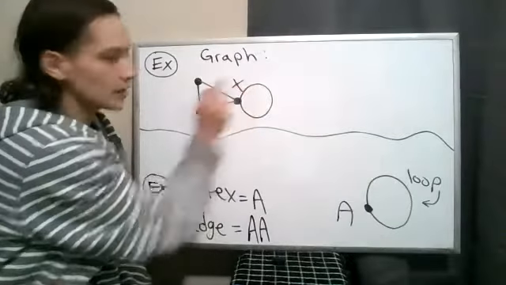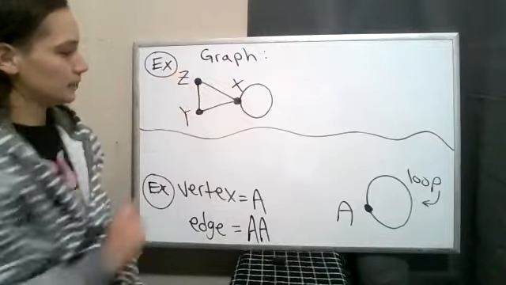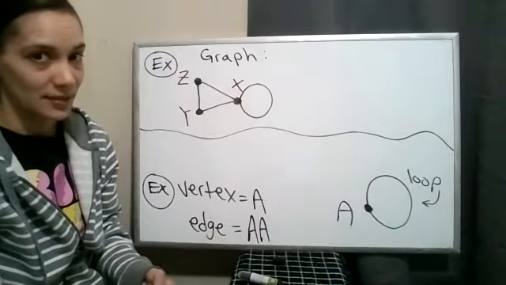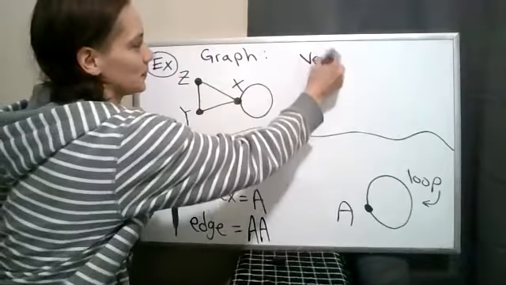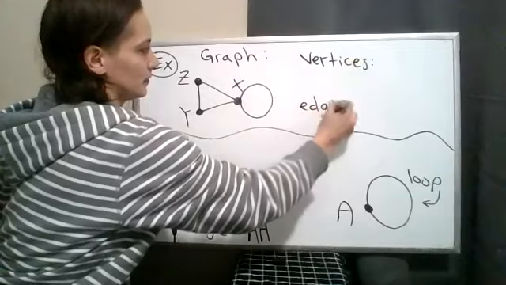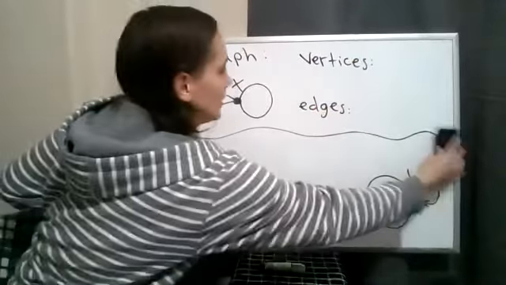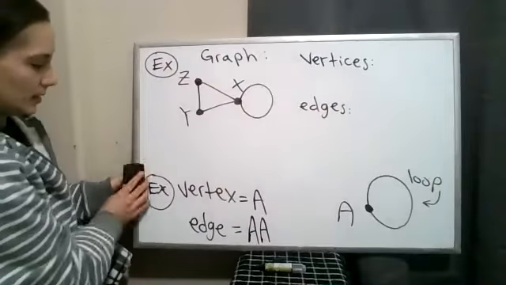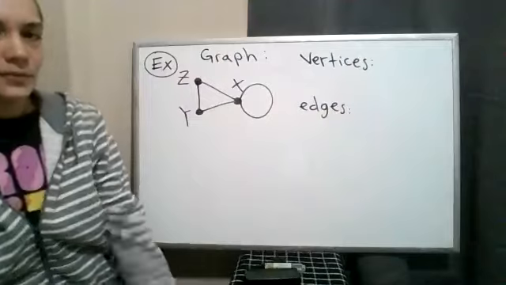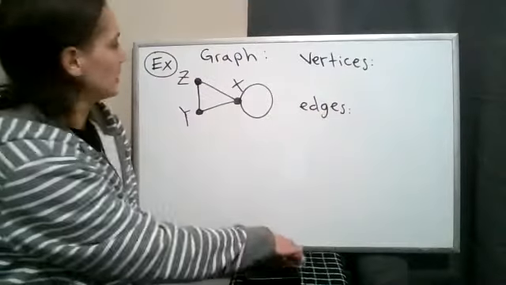Goes X, Y, Z. We're going to list the vertices and edges. Vertices are the dots, X, Y, and Z, or Z, Y, X.